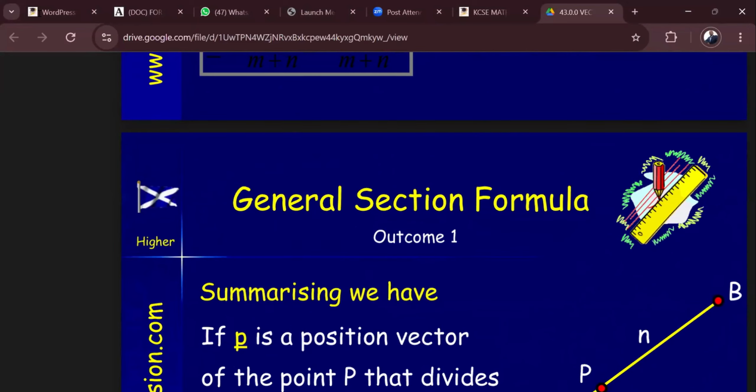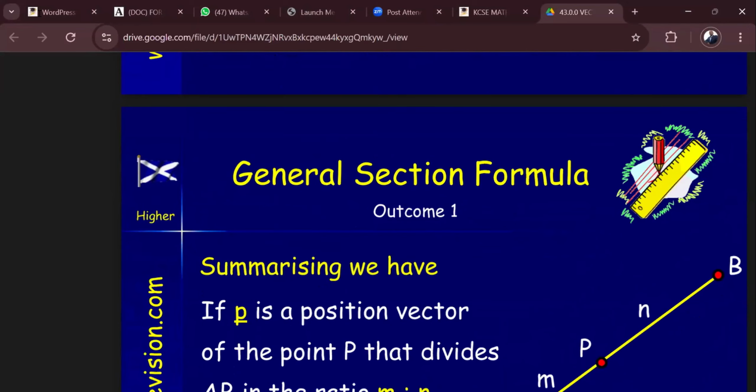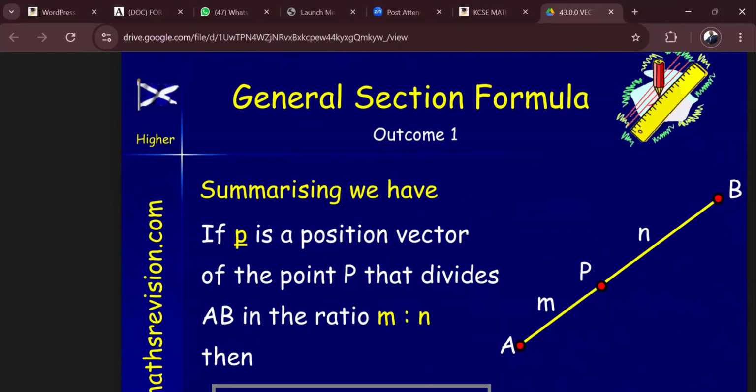So we want to summarize the whole of this, the general formula.